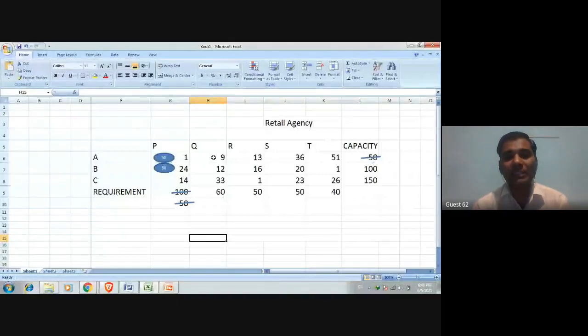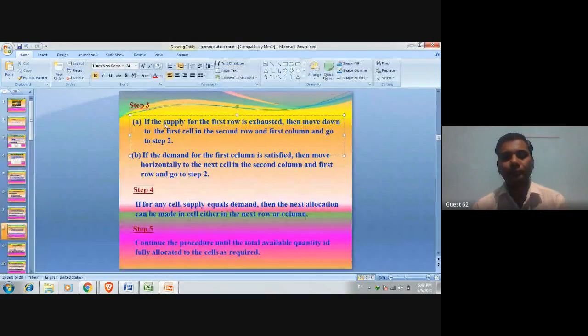It means column second in the first row. But here the requirement of P has been over in the second row, because warehouse A has only 50 units. So supply of 50 units has been over. So we will move to the next row, that is second row in first column according to the condition.